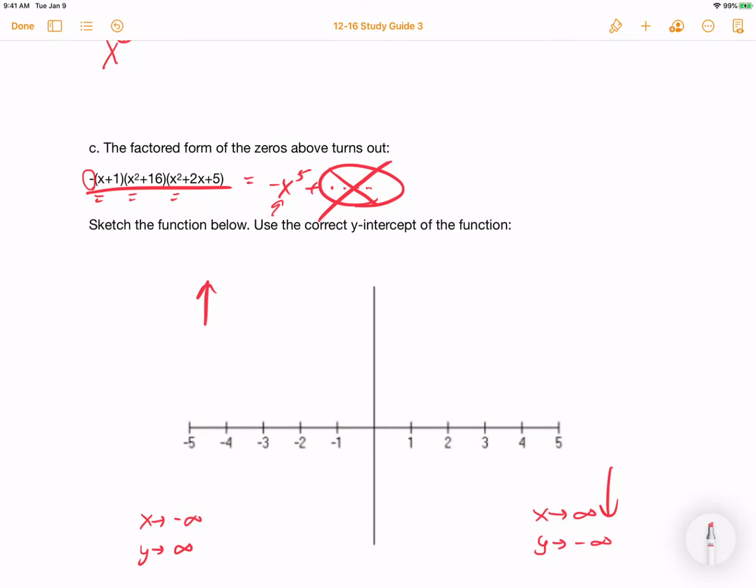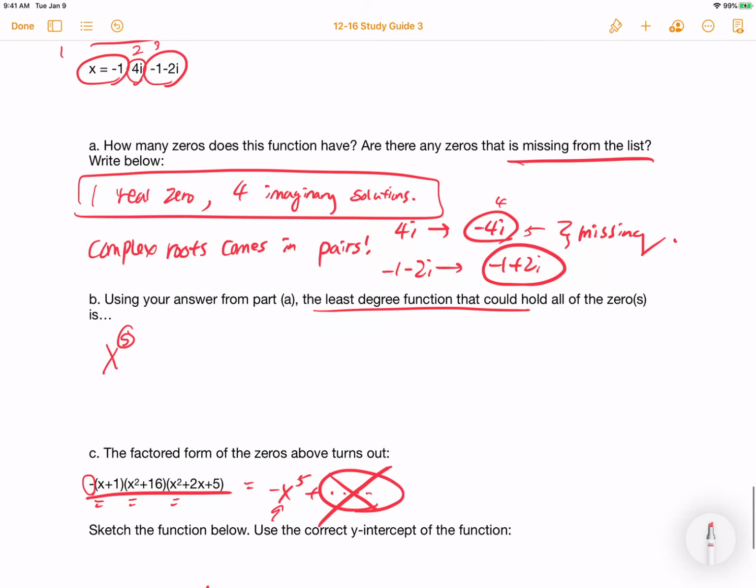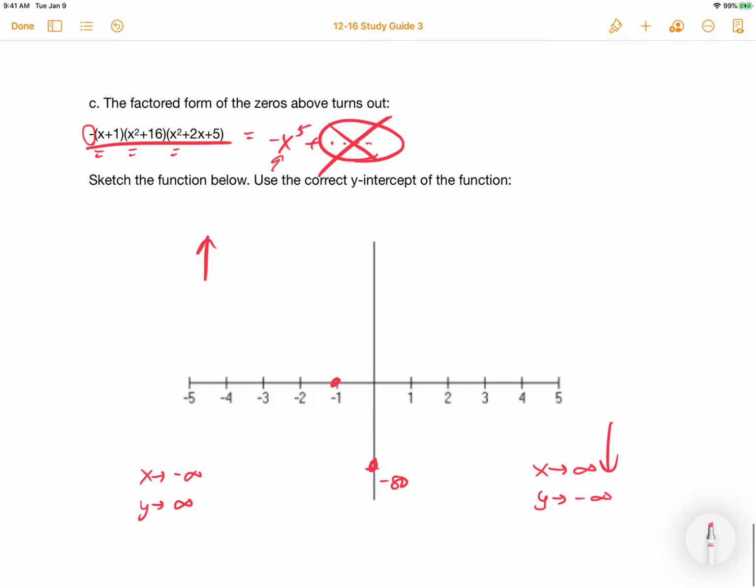The y-intercept here is going to be very huge, but once you solve for it, I do believe you get some sort of a negative number here. To be more specific, negative 80. One of the roots, that's the only one real zero that I get, is negative 1.